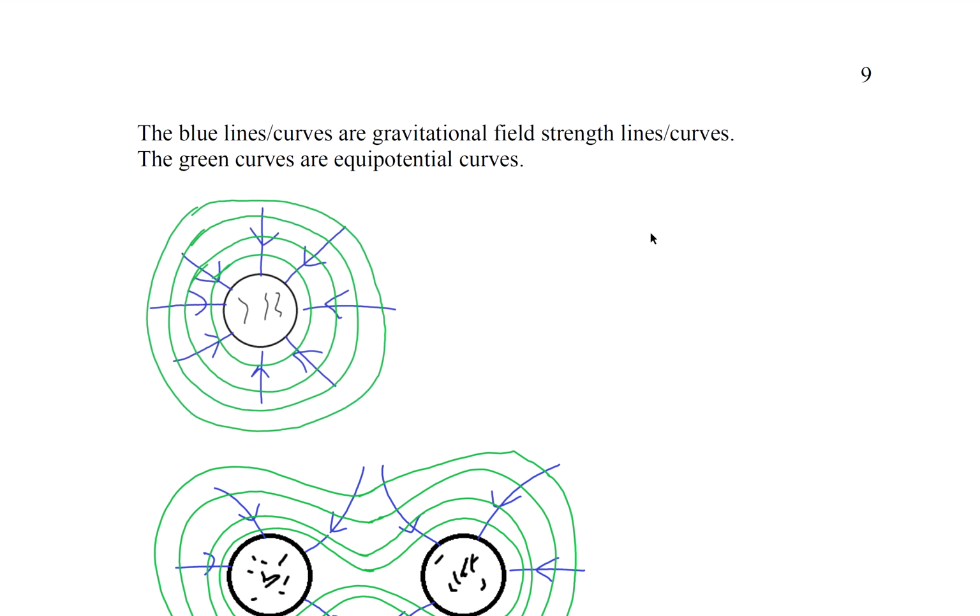much greater. So you can see the blue lines are gravitational field strength lines, and the green curves are equipotential curves. So if you only have one mass, that's a sphere, if you draw a perfect circle around it, that's an equipotential surface.